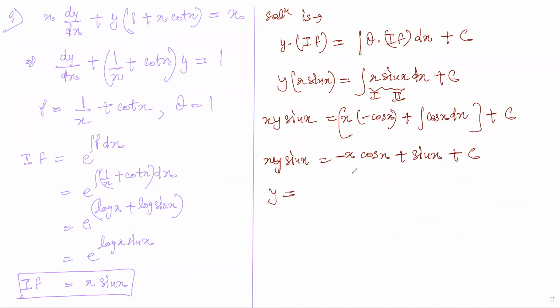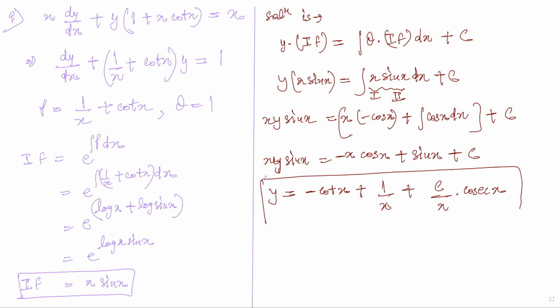So this becomes y is equals to minus cot x plus 1 by x plus c by x cosec x. This is the final answer.